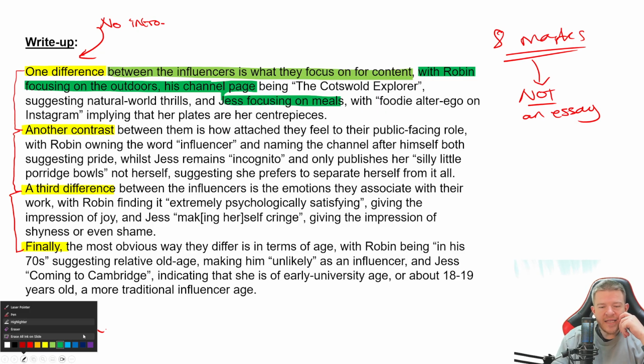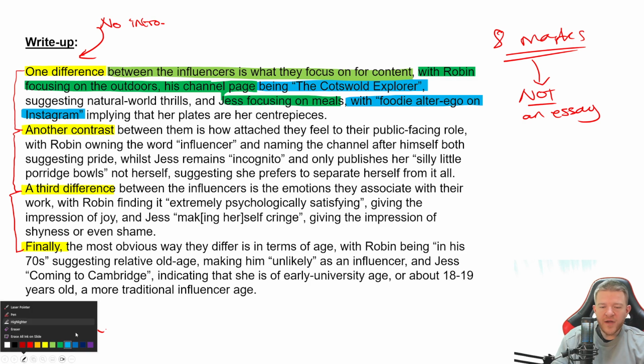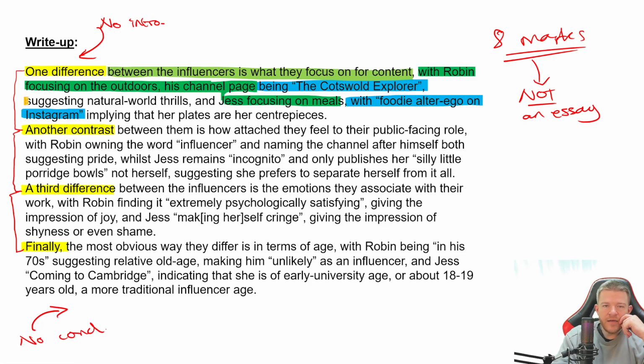Then I've got my quotations, the Cotswold Explorer and foodie alter ego on Instagram. Then we have really simple, low-level, basic insight: suggesting natural world thrills, implying her plates are her centerpieces. So we state the difference, that's in green.